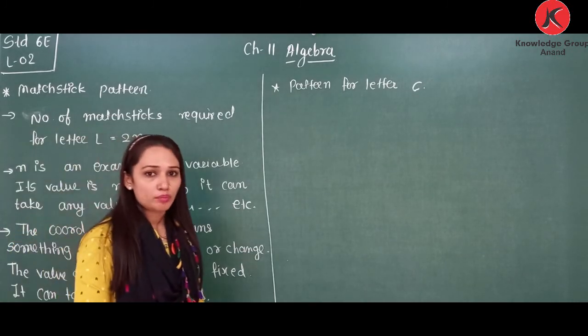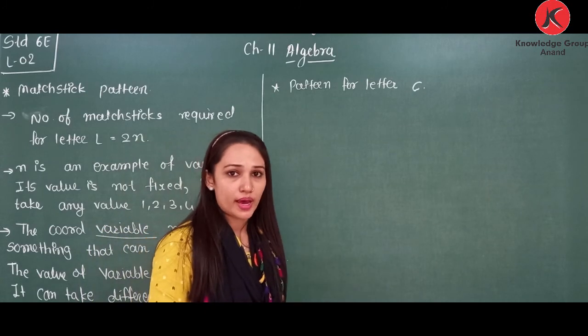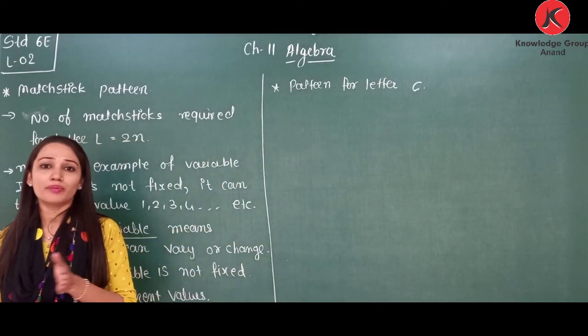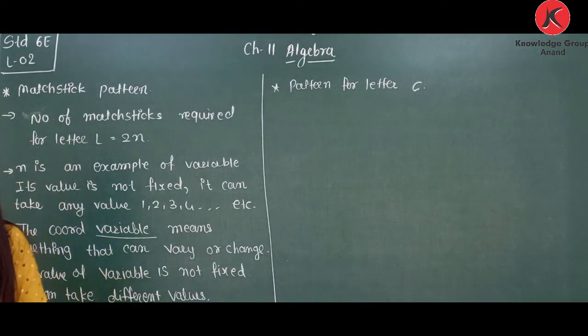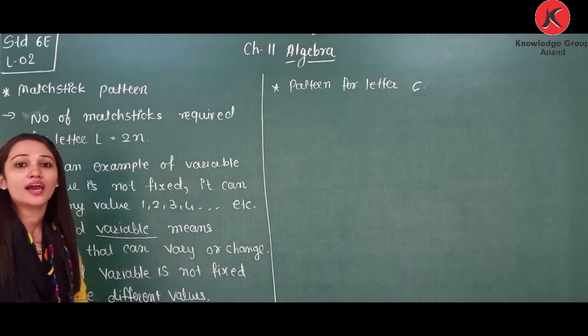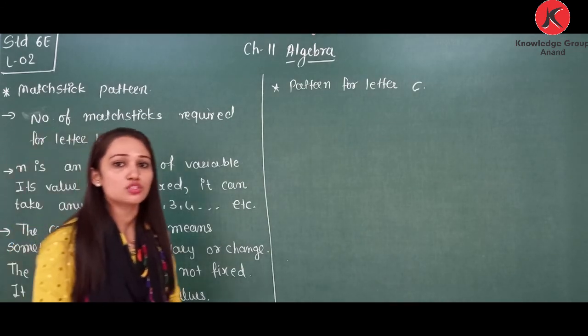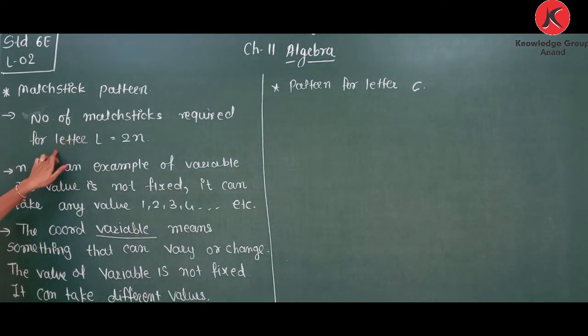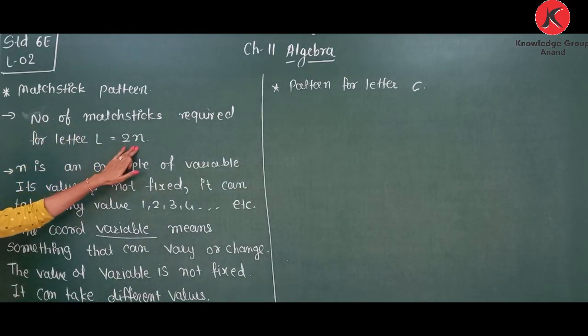Whatever number of times L is required, we need to multiply it with 2. So 2 multiplied by the number of L. So we generalize the equation, or you can say generalize the algebraic pattern, that is 2L. So the number of matchsticks required for letter L is 2L. That we already learned yesterday.